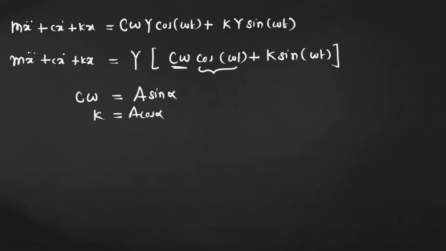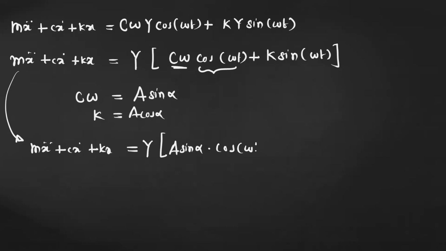So if you put this value in this equation, put C omega as A sin alpha into cos omega t plus K as A cos alpha into sin omega t.